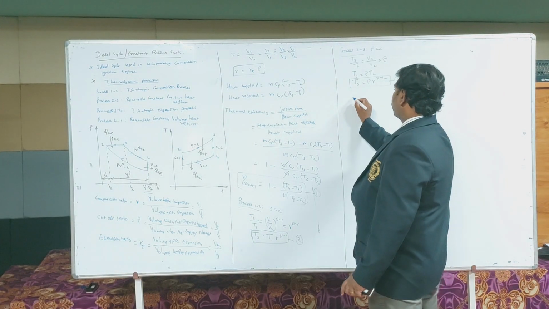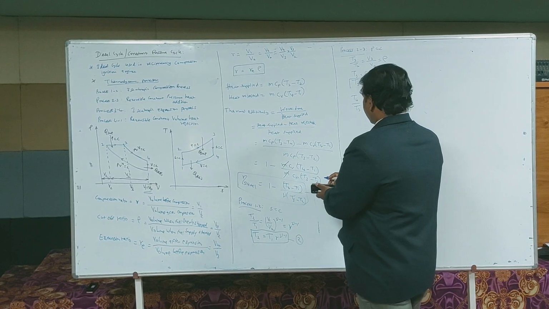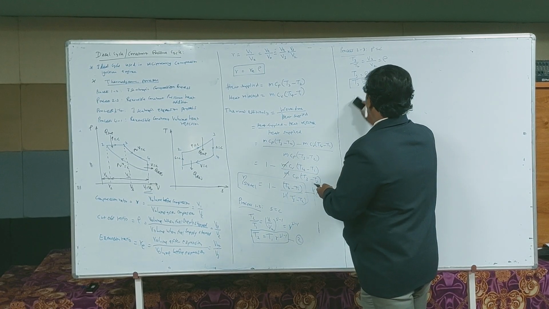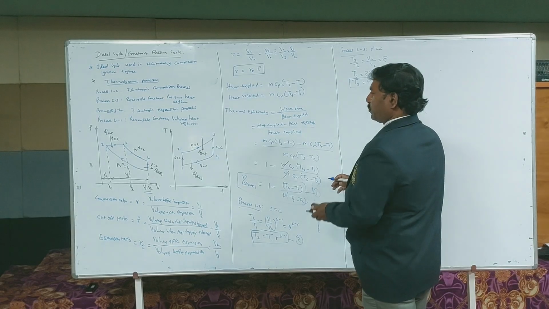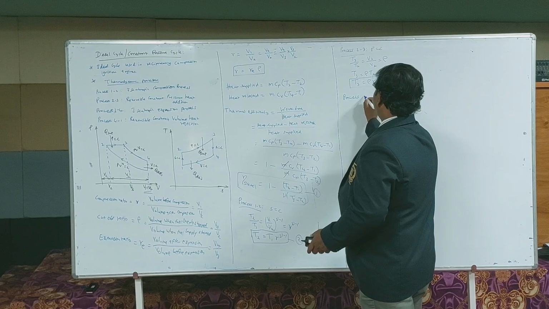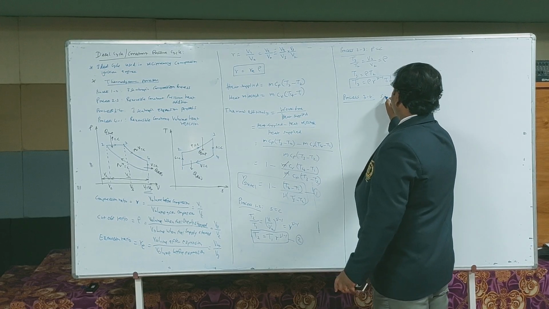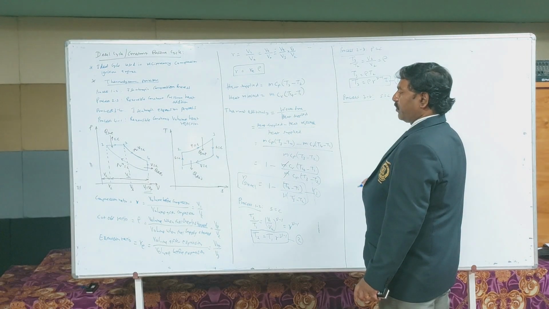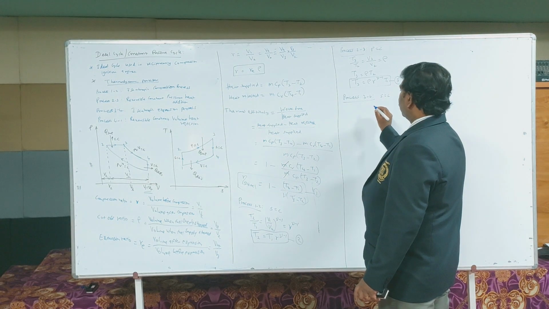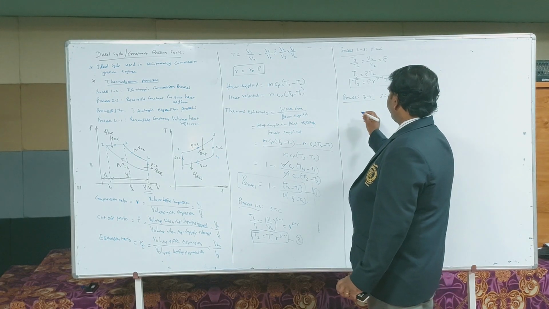So the T4 by T3, this is for process 3 to 4. The process 3 to 4 is actually an isentropic process. We can write the PVT relationship for isentropic process between temperature and volume.